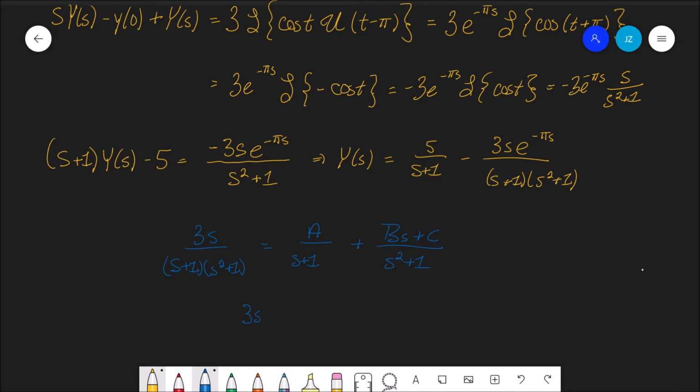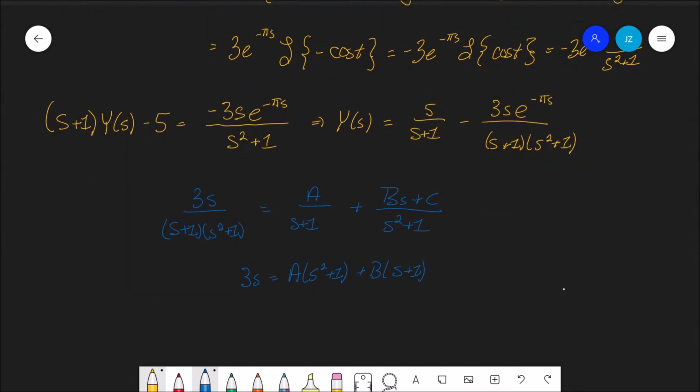So we're going to have 3s is equal to A times s squared plus 1 plus B s plus C times s plus 1, I'm sorry, Bs plus C times s squared plus 1. So what are we going to have?